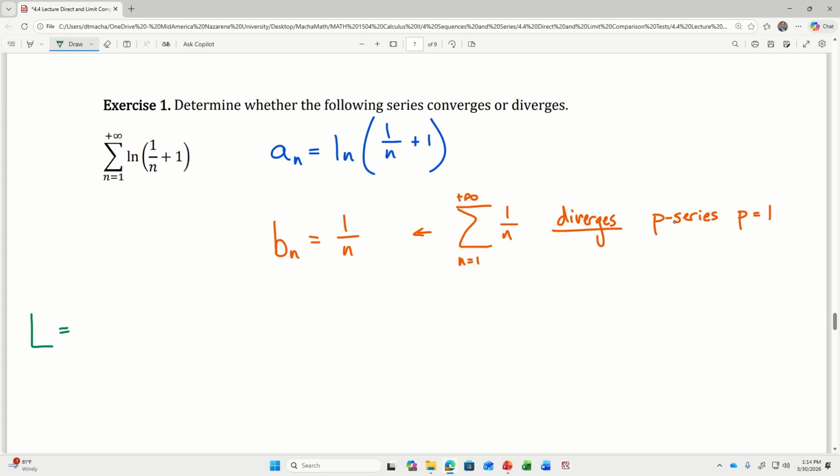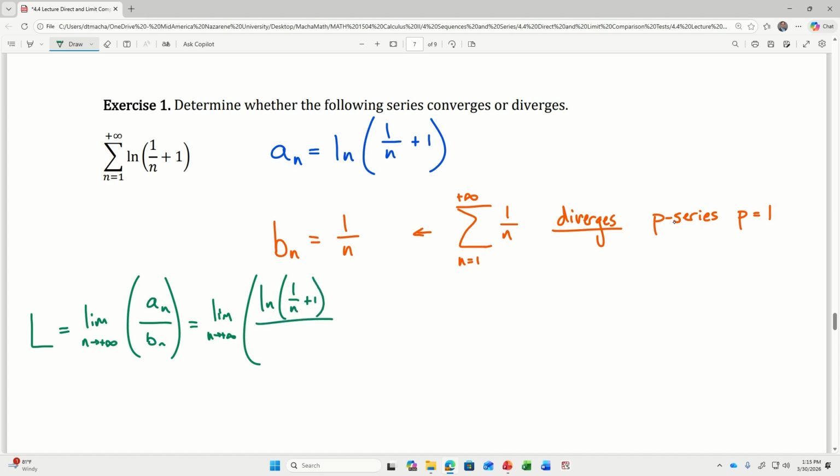The limit comparison test is going to have us take the limit as n approaches infinity of a_n divided by b_n. That means we take natural log of 1 over n plus 1 divided by 1 over n.